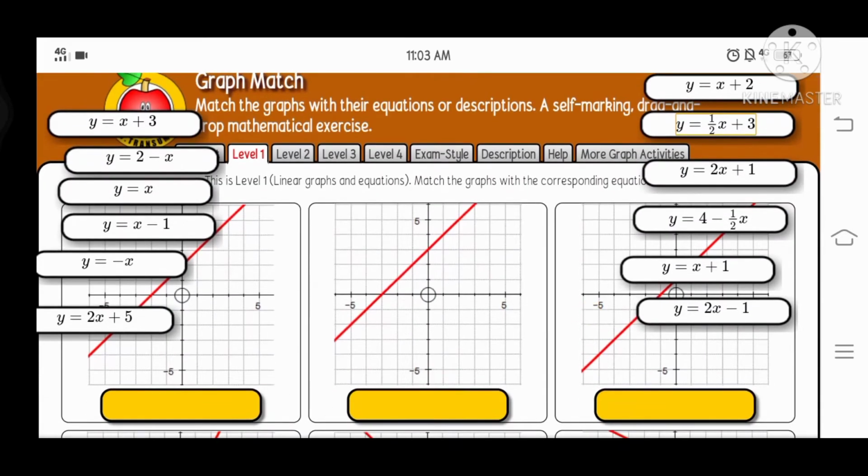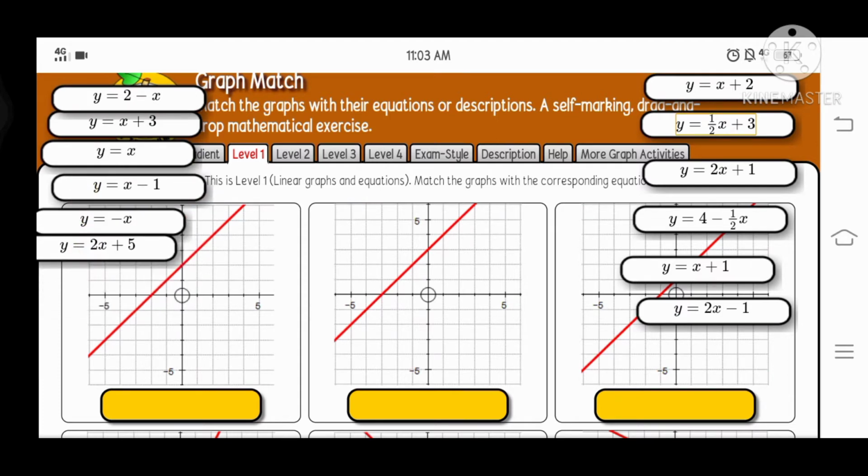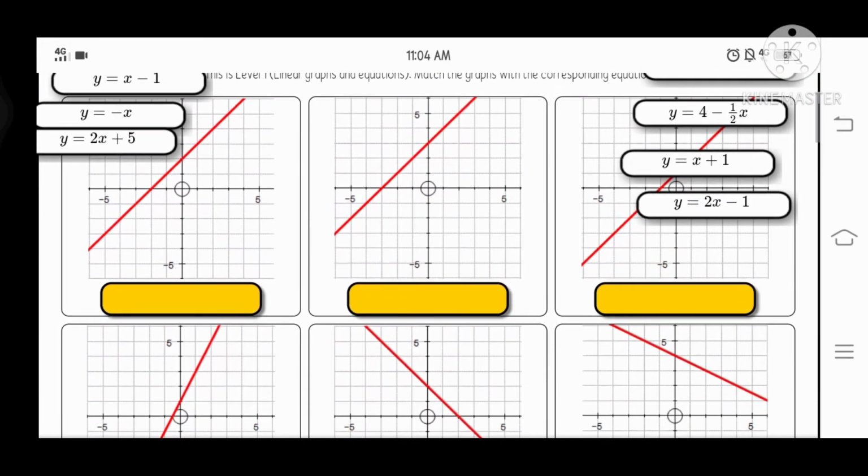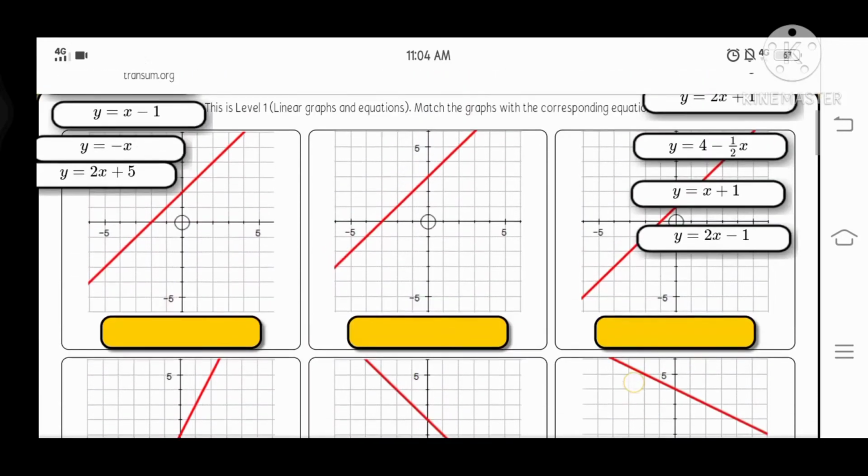I believe you will be able to find the gradient here, as you identify the coordinates, draw the triangle there, and use the formula m equals rise over run, or m equals change in y over change in x, or m equals y2 minus y1 over x2 minus x1. You can use any one of those formulas.